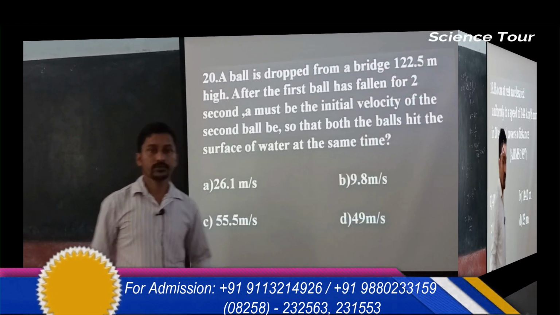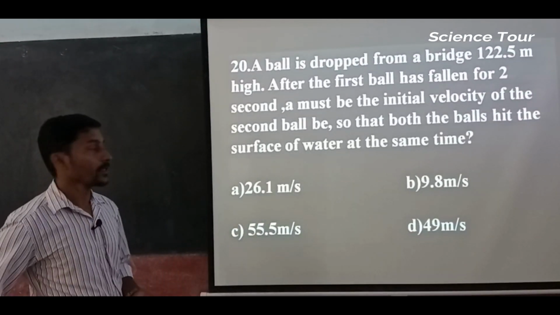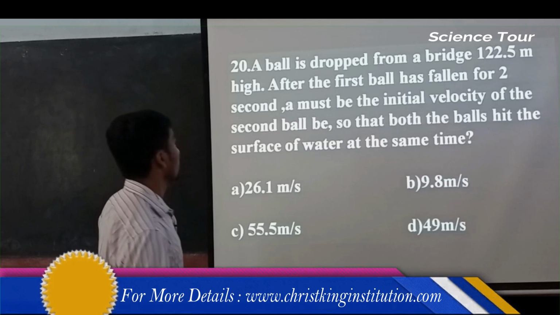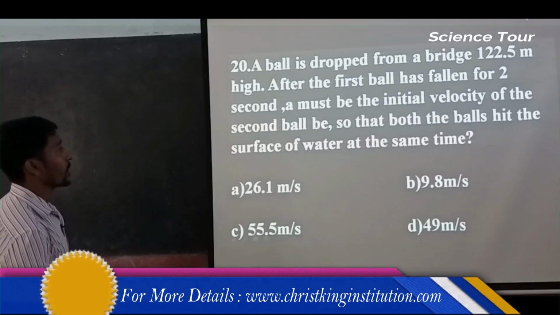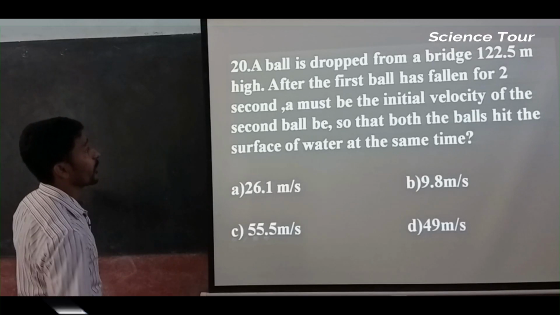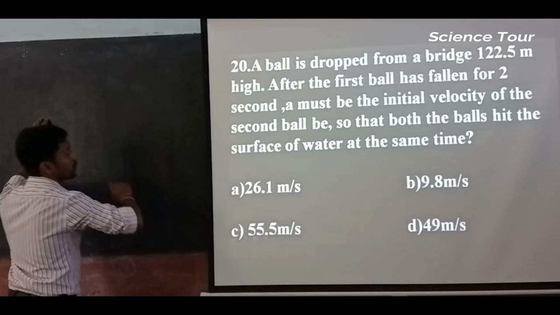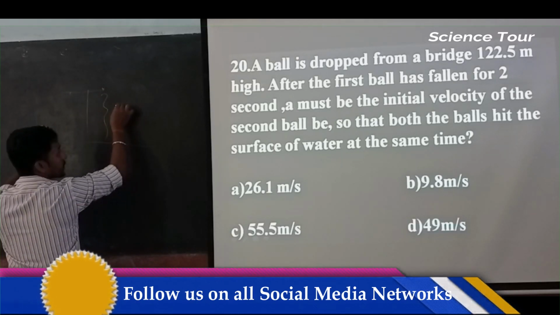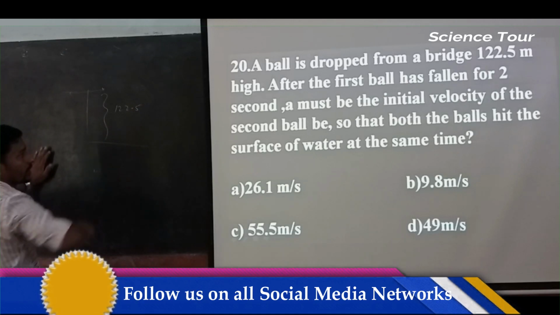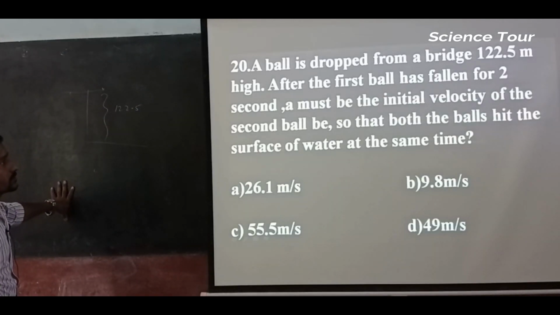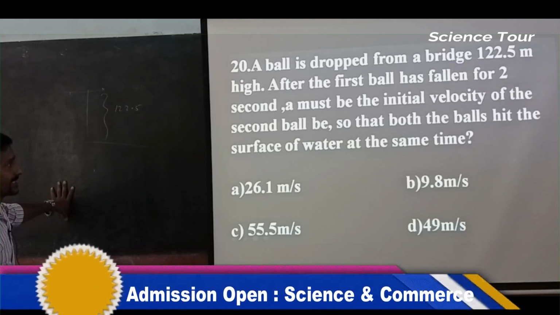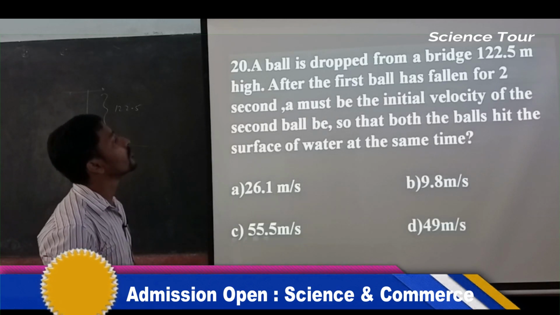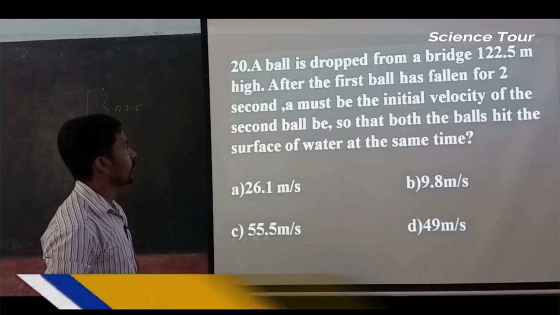This is the thing. We were talking about the chapter of motion in a straight line, and now we have reached the 20th question. A ball is dropped from a bridge 122.5 meter high. After the first ball has fallen for 2 seconds, another ball is thrown.